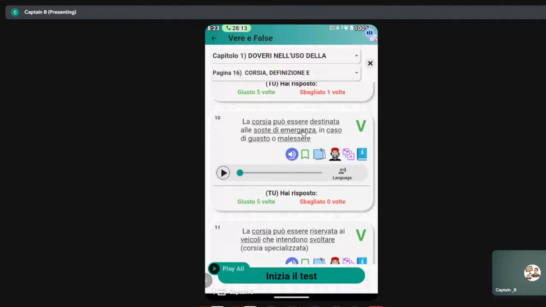Sosta, because that period of time that you are parked there, in caso di guasto o malessere, in case of breakdown or sickness, all right? Malessere is when one is sick, guasto is when the vehicle breaks down. So the period of time when you're parking your vehicle there is called sosta di emergenza. That place where you can park your vehicle for 3 hours. So there's a lane dedicated for it.